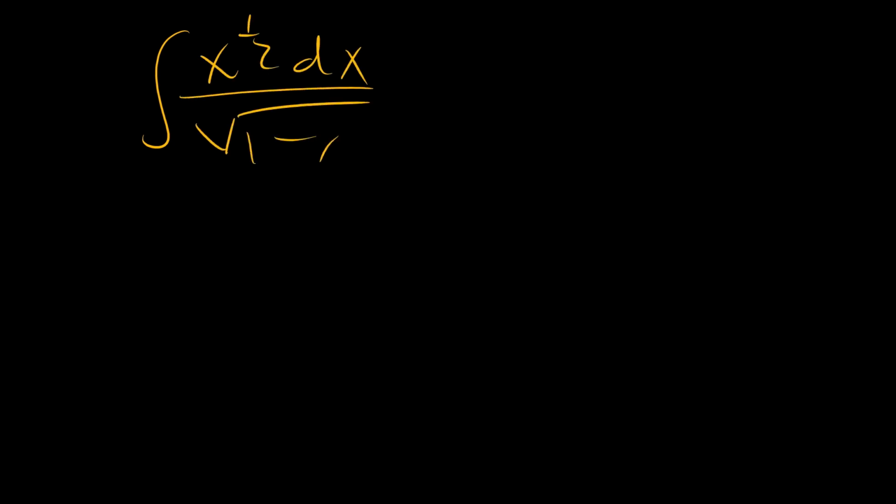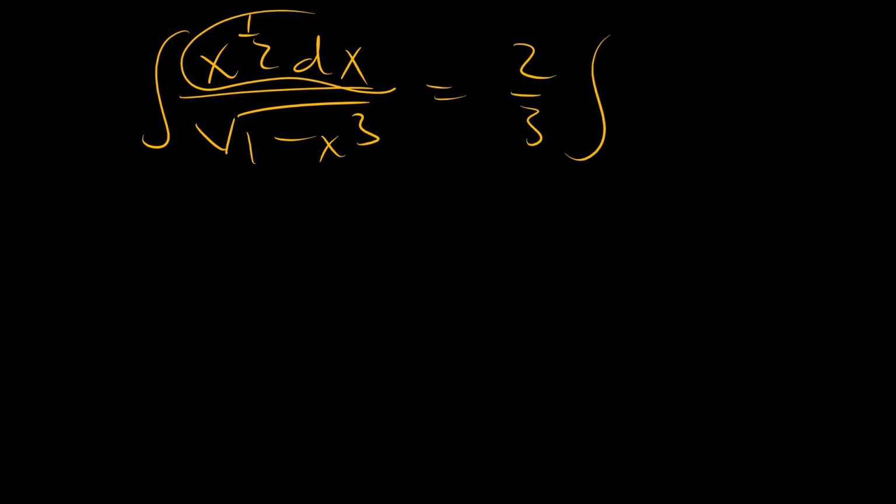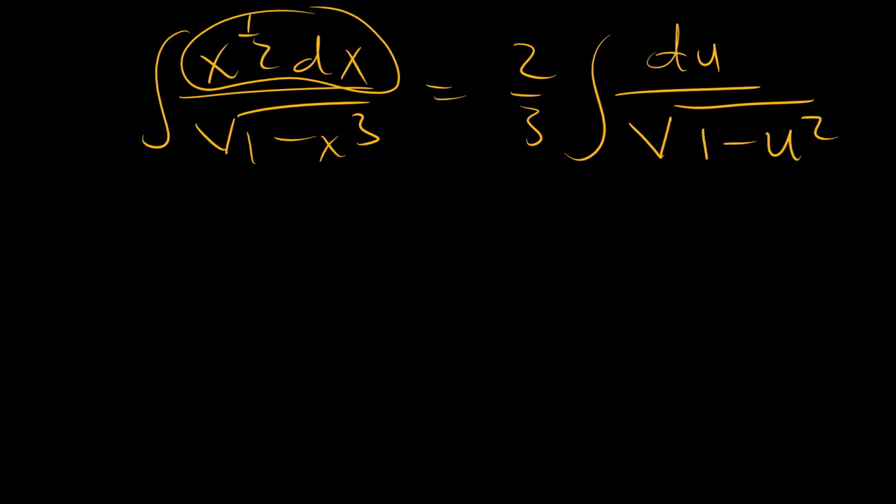In other words, x to the power half dx over the square root of 1 minus x cubed is the same as 2 over 3 du over the square root of 1 minus u squared, because x cubed is the same as x to the power 3 over 2, squared.